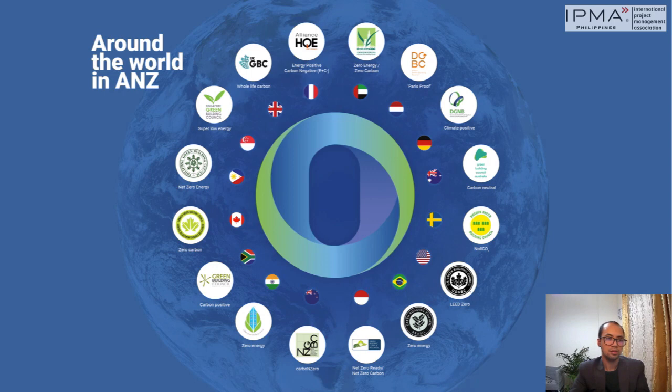So around the world, we have several net zero programs in accordance with the World Green Building Council Advancing Net Zero. In the Philippines, we have the Net Zero Energy, which was spearheaded by the Philippine Green Building Council and was launched this year, last April, I believe.